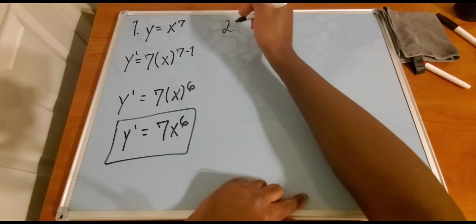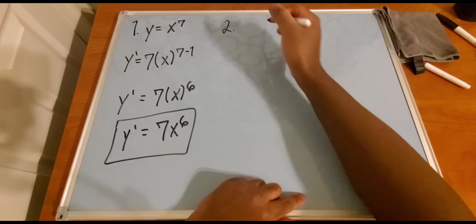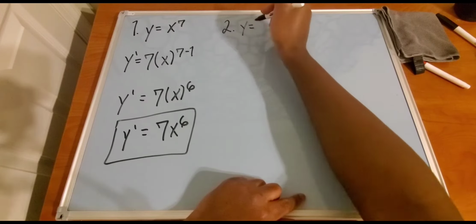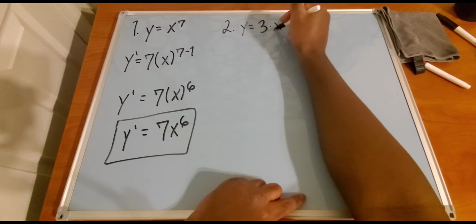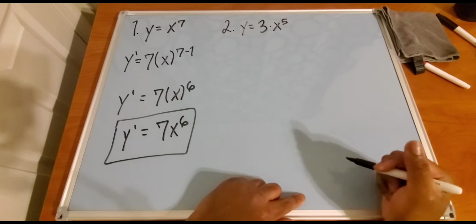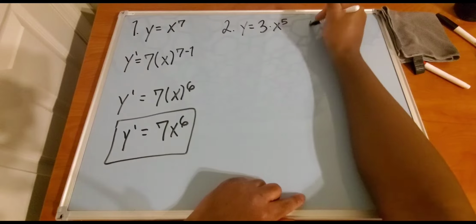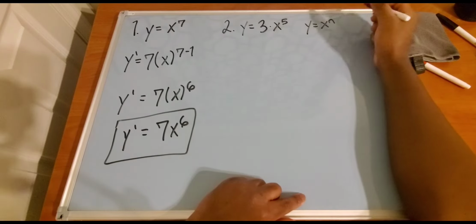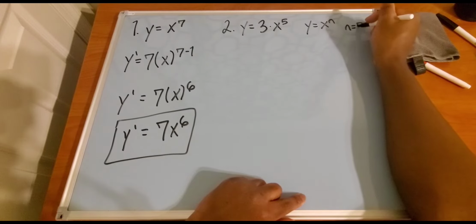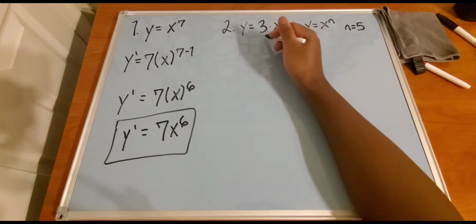For question number 2, we have y is equal to 3 times x to the 5th. Let's write what we had before. y is equal to x raised to some number n. Well, we know n is 5. We don't exactly know what to do with the 3.